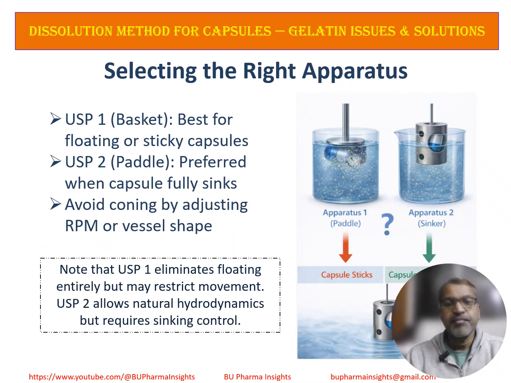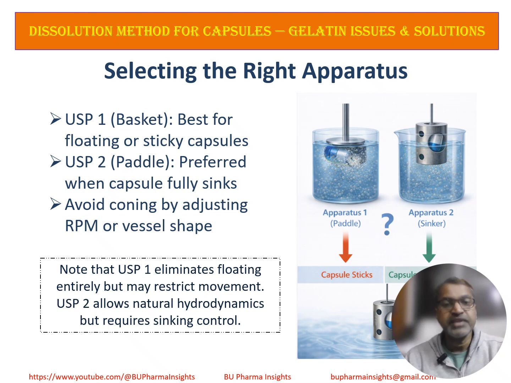Choosing the right apparatus is critical for capsule dissolution. USP apparatus 1, the basket. This eliminates floating completely, making it ideal for floating capsules, sticky shells, and poorly wetting formulations. However, the basket restricts movement, which can sometimes affect natural hydrodynamics. USP apparatus 2, the paddle.